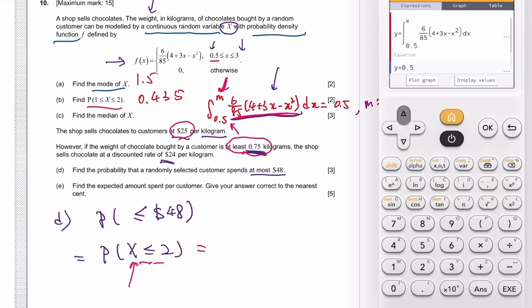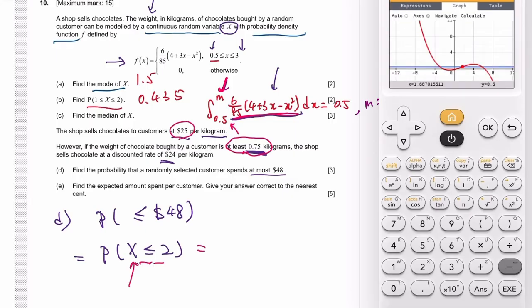Now I need the original graph. I don't need this integral thing. Well, actually I can still use this. I just need x to be 2, because my x is really like the integration from 0.5 to x. So if I put x to be 2, that's already this, right?